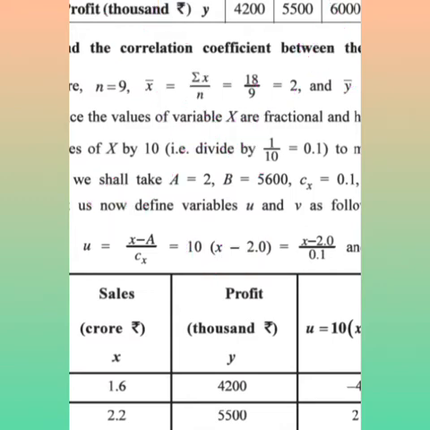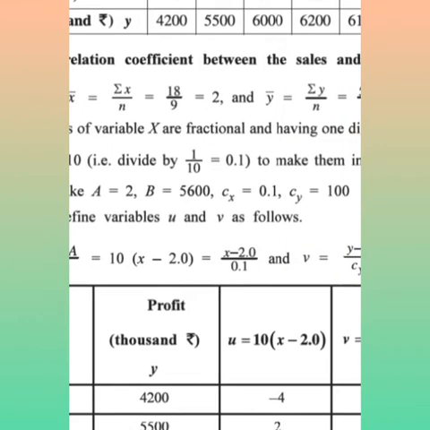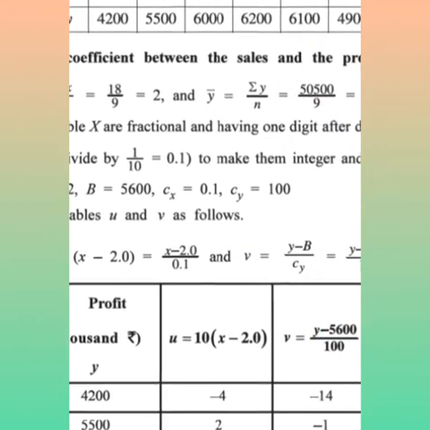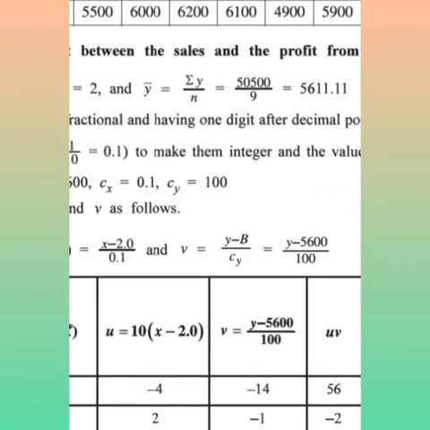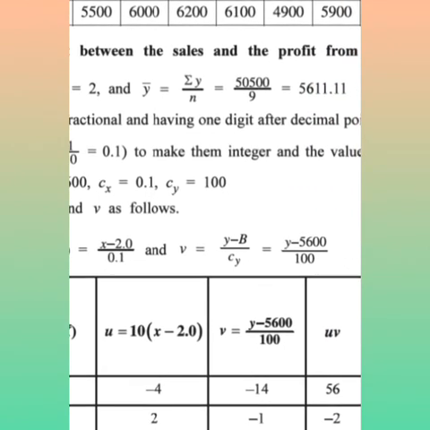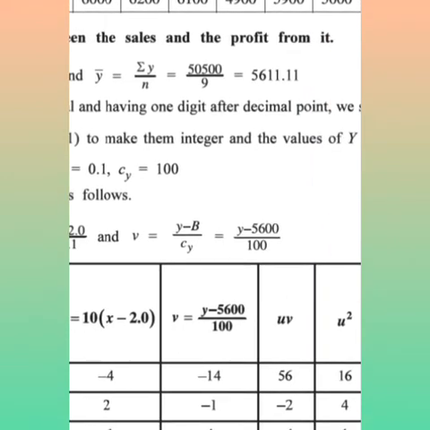Then comes v, right? For v also you would find, it's y minus b into cy. Again children, see over here, the mean has come up to 5611.11. They have taken b very near to the mean, that is 5600.